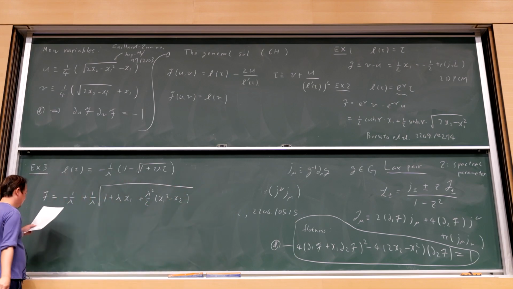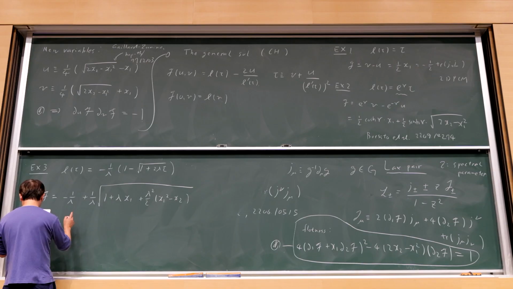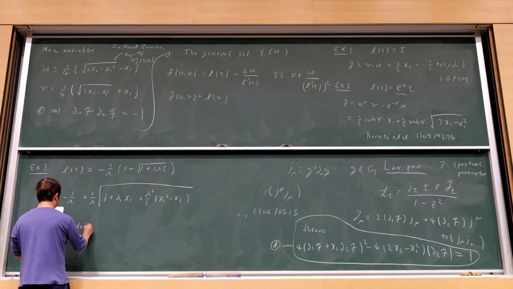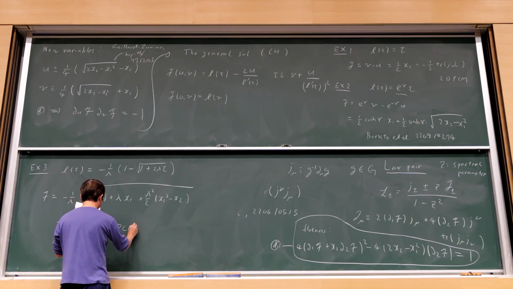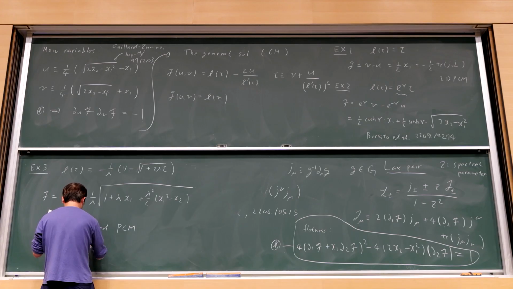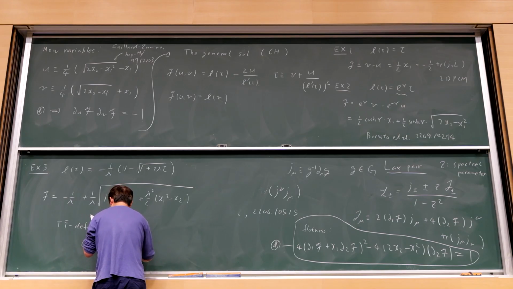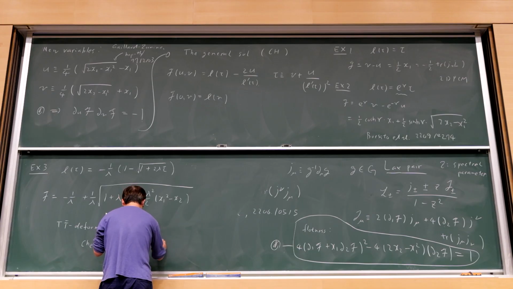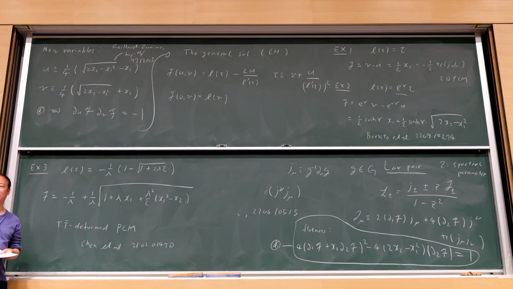So this is nothing but the TT-bar deformed principal chiral model. This was obtained by Chen et al. by solving the TT-bar flow equations. That result can be reproduced by considering the Courant-Hilbert problem like this.